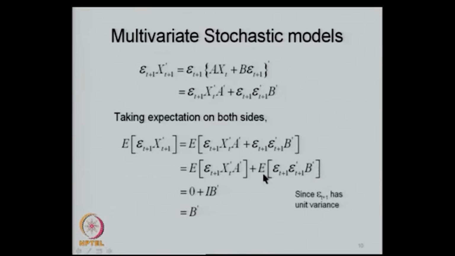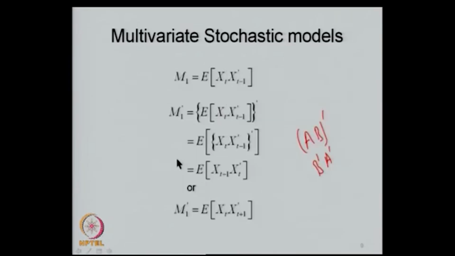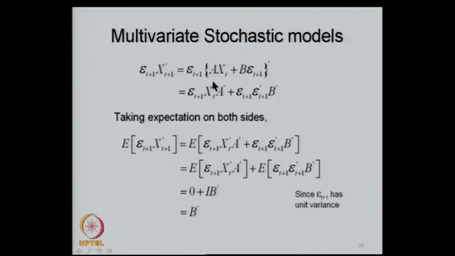So, I will write it as b dash times the expected value of epsilon t plus 1 epsilon t plus 1 dash, which is essentially the variance, the expected value of epsilon t plus 1 with itself, and because it is a vector, I write it as I. So, b dash comes out, and therefore, the second term that we discussed in the earlier expression can be written as simply equal to b dash.